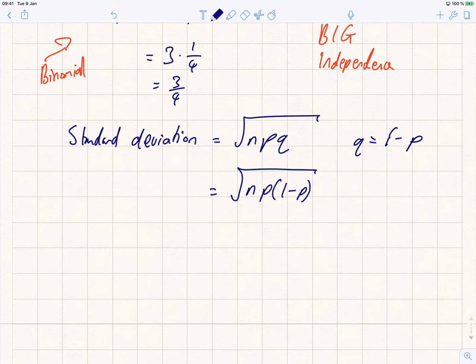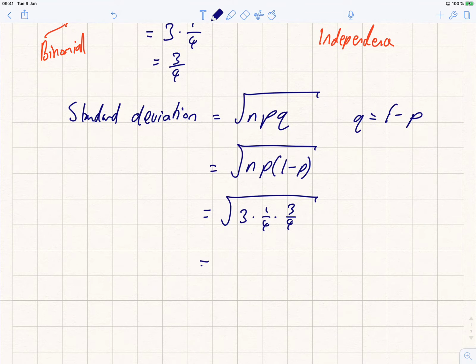In our case, N was 3, P was a quarter, and Q was 3 quarters, which is the square root of 9 over 16, which we can write as 3 over 4.